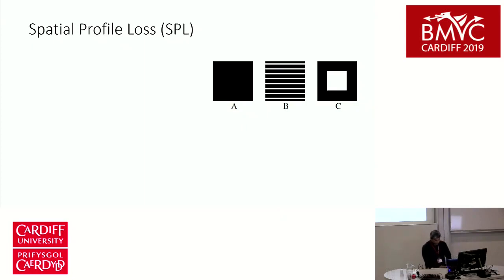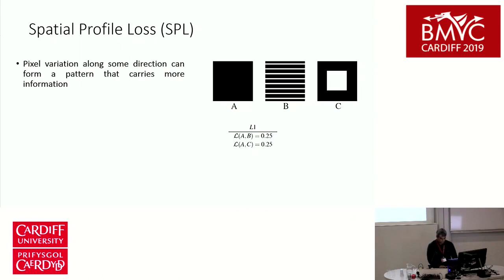So to understand, if you look at the patterns B and C, well, they look very different, but they both have equal number of white pixels in them. So if we compute mean absolute difference like L1 between pattern A and either of B and C, we get the same value because of the equal number of white pixels. Now, as seen, such direct pixel level comparisons are not much informative about the underlying structural changes.